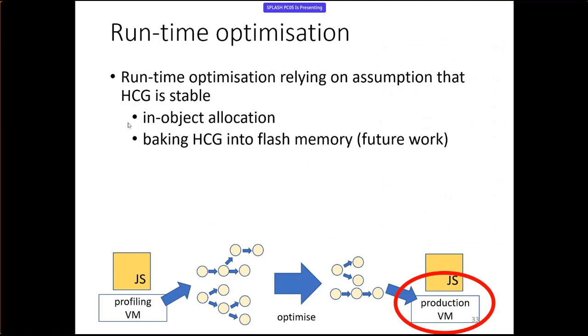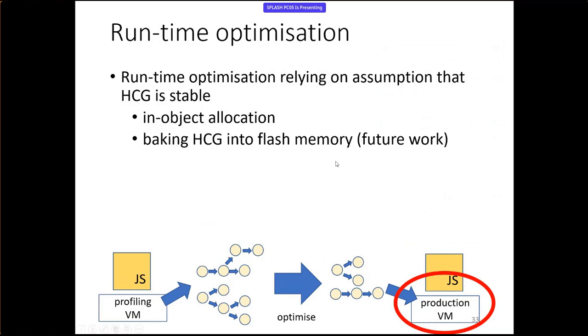We have a plan for runtime optimization for these two items. One is in-object allocation, which I explain on the next page, and the other is baking the hidden class graph into flash memory.